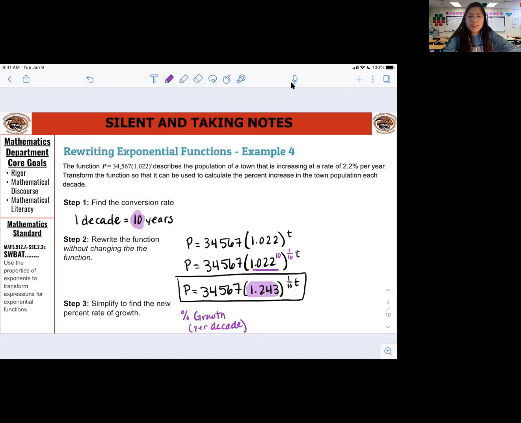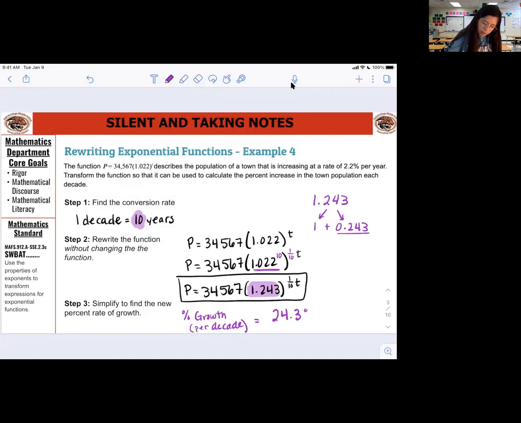If we break it apart, it will be 1 plus 0.243, and then 0.243 in a percent is 24.3%. Good, beautiful. Very well said. So 0.243 is 24.3%.